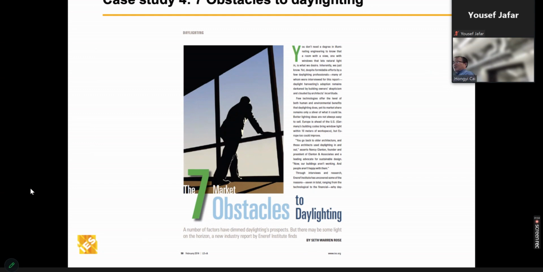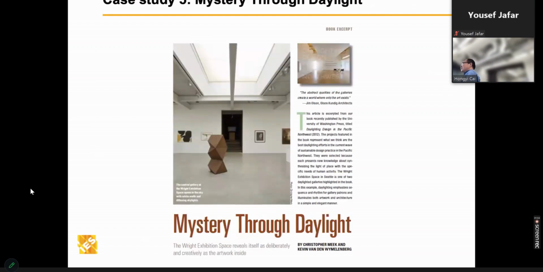So this would also be interesting. Museum space, how a museum can do daylighting without worrying about the UV light or anything. Yeah, that's a dream of all the museums. So you can take a look.